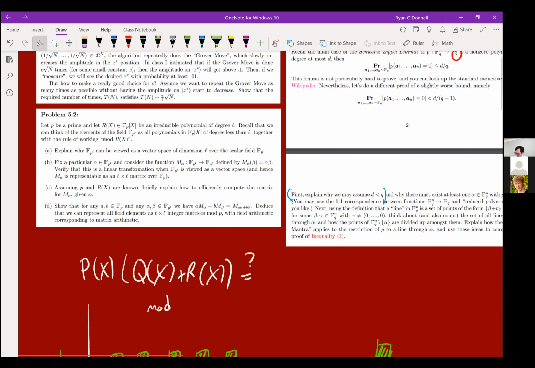Yeah, coefficients we typically assume are in a field, so I might not even say mod per se. But basically, you can assume things.